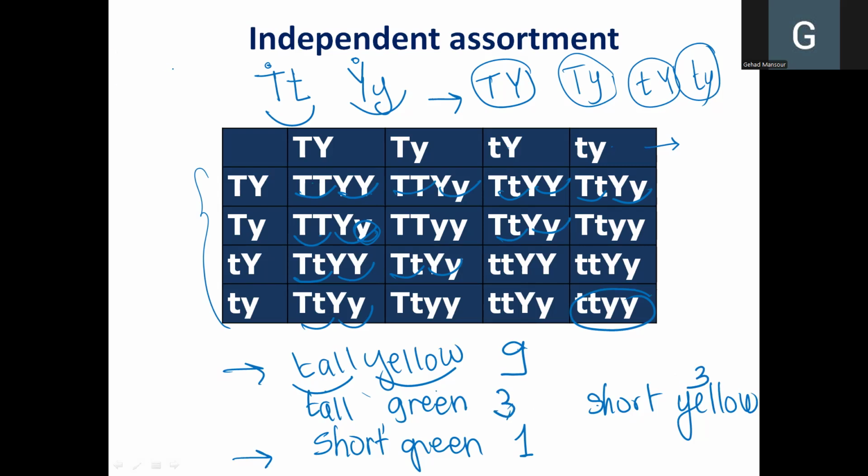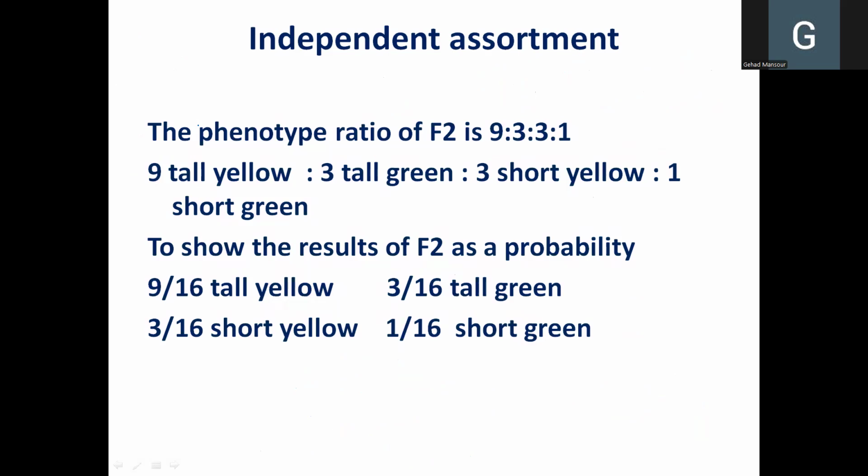So the ratio finally of a dihybrid cross is 9 to 3 to 3 to 1. 9 dominant for both, 1 recessive for both, 3 dominant for one and recessive for the other, 3 recessive for one and dominant for the other. So this is the result of a dihybrid cross, and the phenotype ratio, of course, is 9 to 3 to 3 to 1.